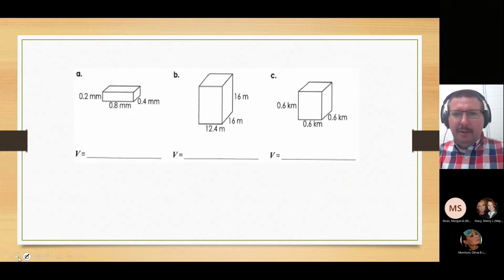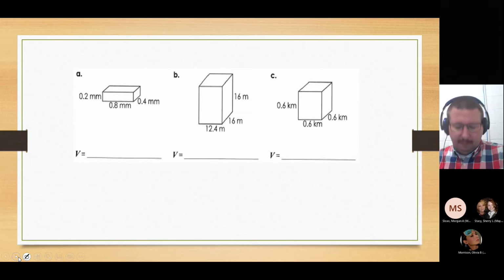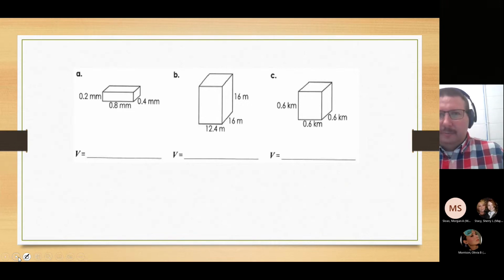So in front of you are 3 examples. And like I said, it does not matter which order you put them in. Just multiply your 3 numbers, and there you go.